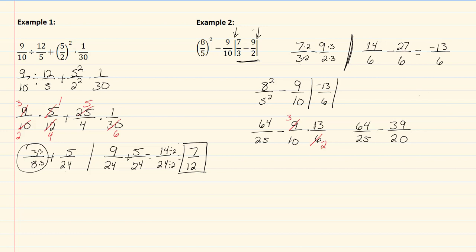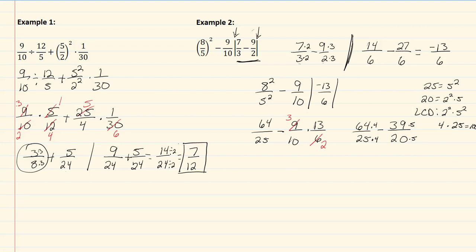I know that my common denominator is going to be 100. 25 equals 5 squared, and 20 is equal to 2 squared times 5. So the LCD is going to be 2 squared times 5 squared, or in other words, 4 times 25, which equals 100. 25 needs to be multiplied by 4, and 20 needs to be multiplied by 5. That's my missing factor.